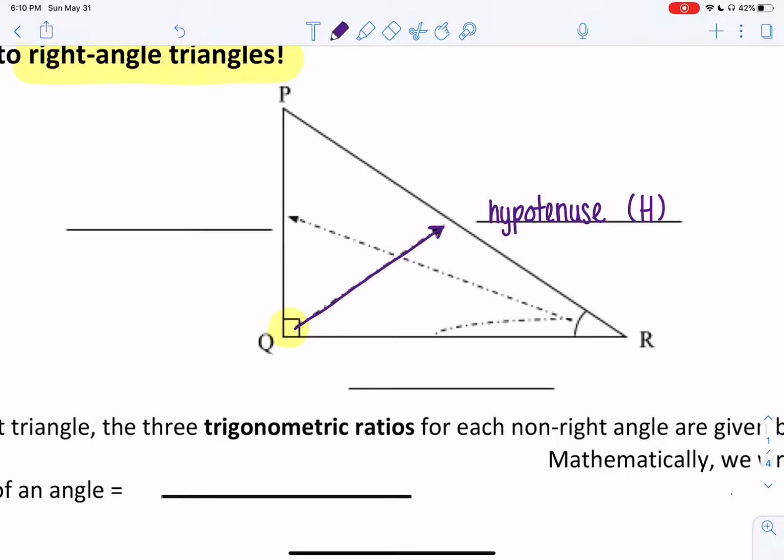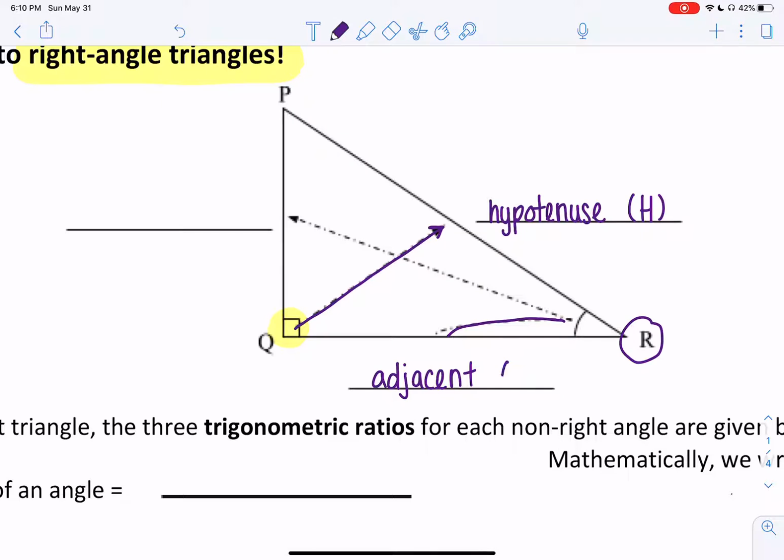Next, we will be having an angle that we're either given or that we're looking for. And we always circle that angle. Then the side that's right beside my angle is called my adjacent side. Adjacent is basically just a fancy way of saying right beside something.